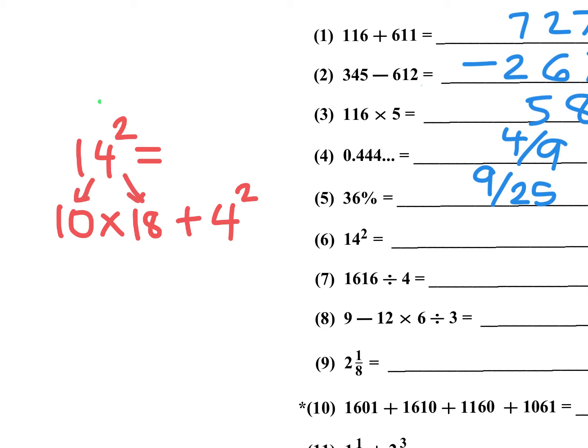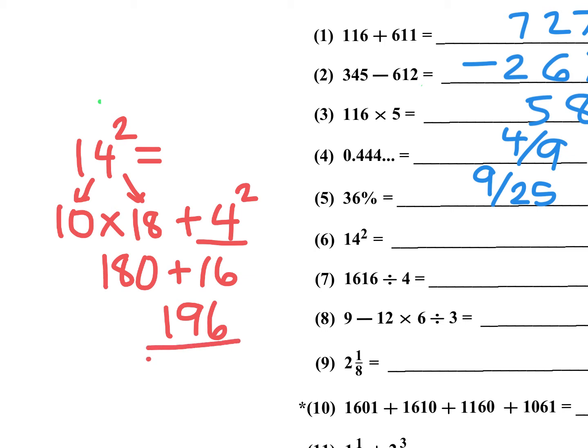So you have 10 times 18 is 180. But since you added 4 and subtracted 4, you've got to make up for that. So that's adding 4 squared, which is 16. So 180 plus 16 gives you the 196. This is another way to square a number if you have not memorized it. It takes a little bit longer. I recommend that you memorize the smaller numbers like that.